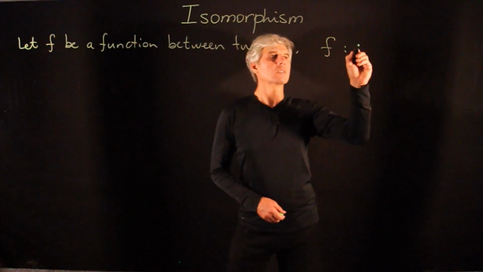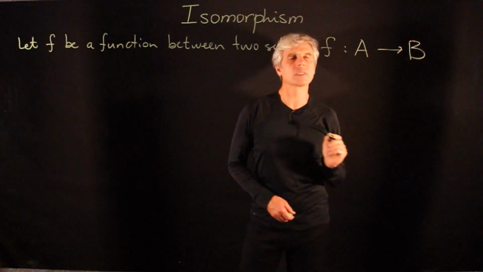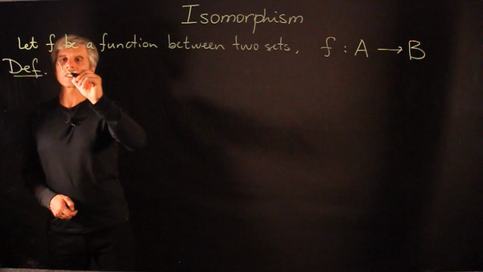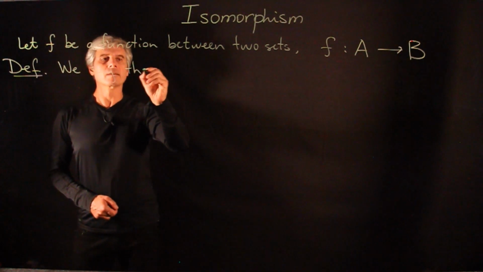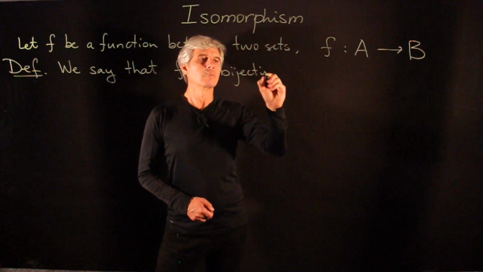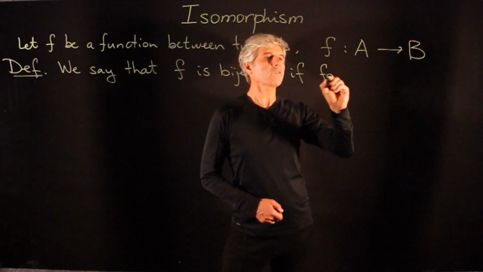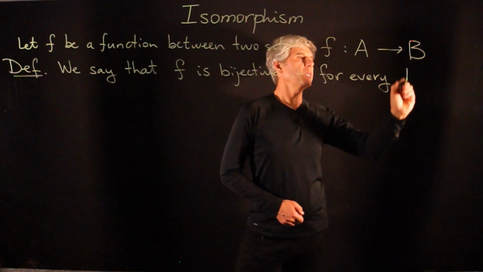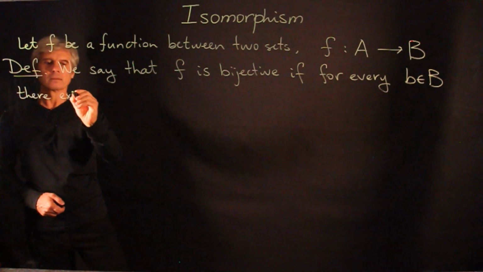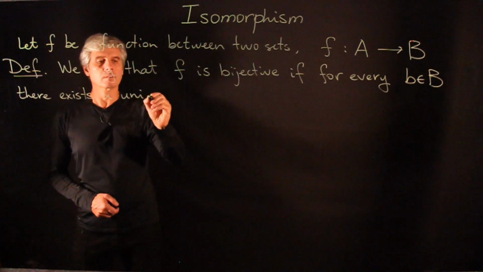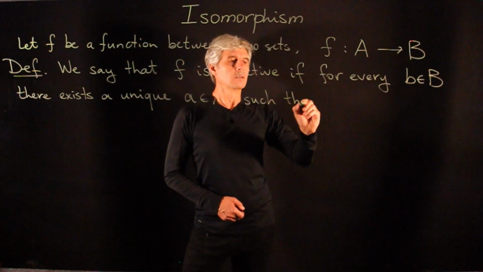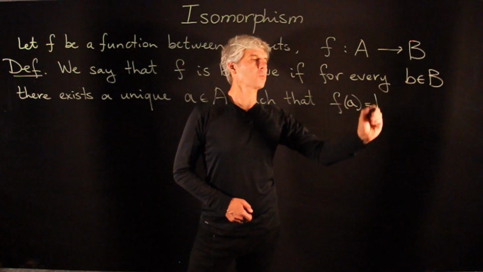So f is defined on a set A and assumes values in a set B. So, definition, we say that f is bijective if for every element b in the set B, there exists a unique element a in the set A such that f of a is equal to b.